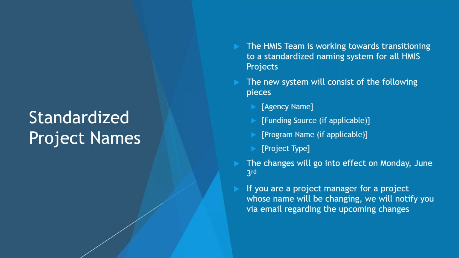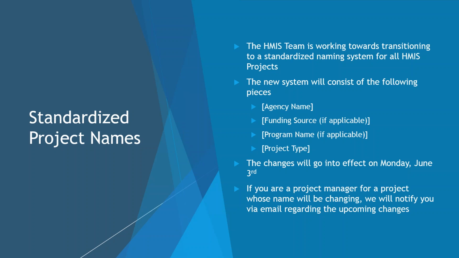The next one that you'll see is going to be the name of the program. If the agency has a particular name for that program, for example, the direct referral program, you'll see that in the project name as well. And then the very last acronym that you'll see will be the project type. This could be ES for emergency shelter, TH for transitional housing, or SSO for supportive services only.